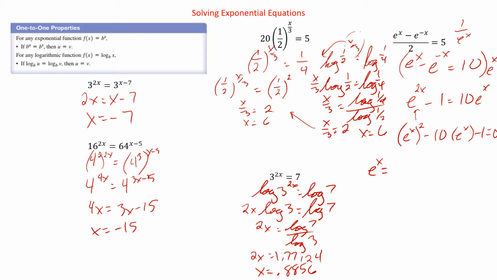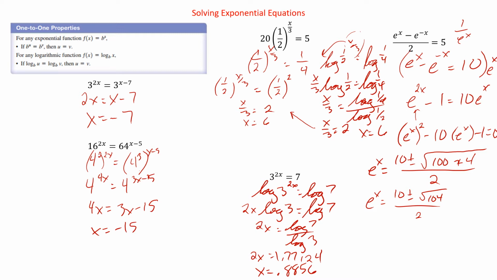So we'll have negative b, so it'll be 10 plus or minus the square root of b squared minus 4 times a, which is 1, times c, which is negative 1, so that'll be plus 4, all over 2a. So e to the x will be 10 plus or minus the square root of 104 all over 2.